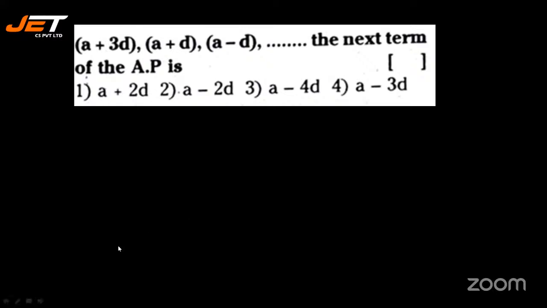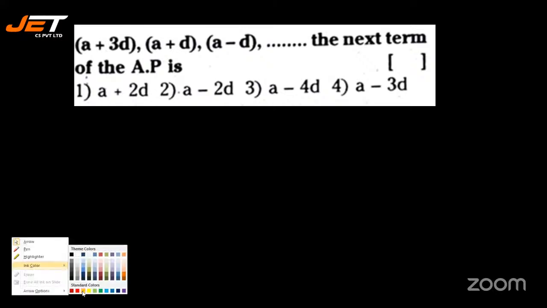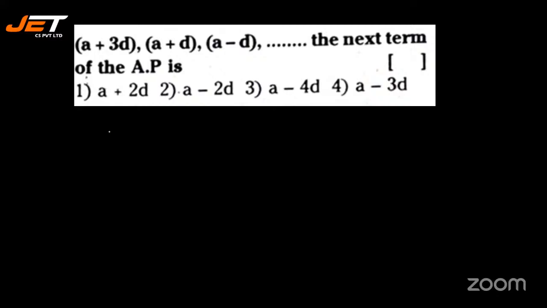Right. See here. For that, we need to find out the common difference. Right. So your common difference is second term minus first term, which is minus 2d. Clear? Now what is and so on?